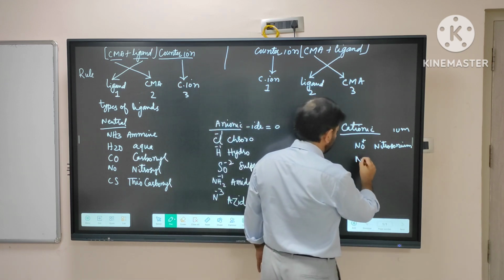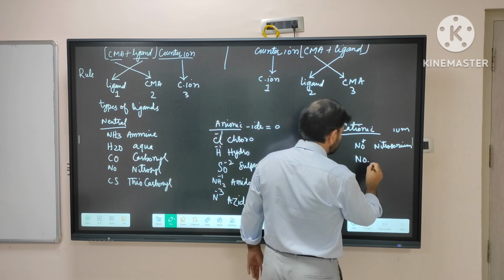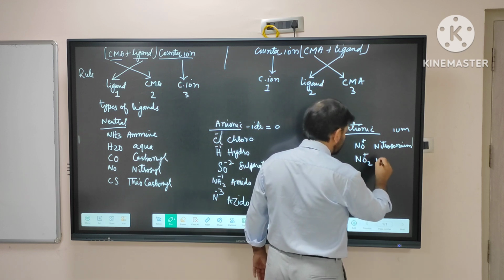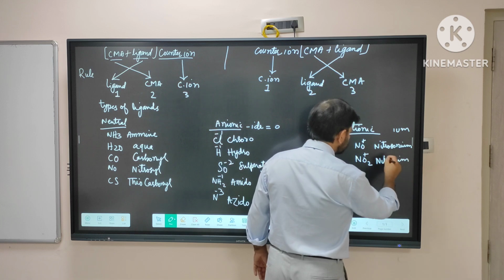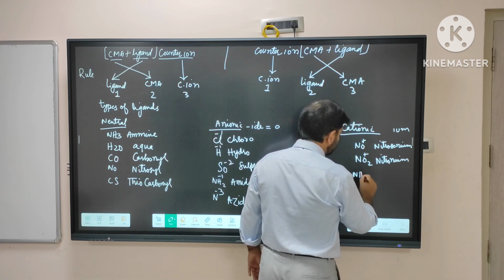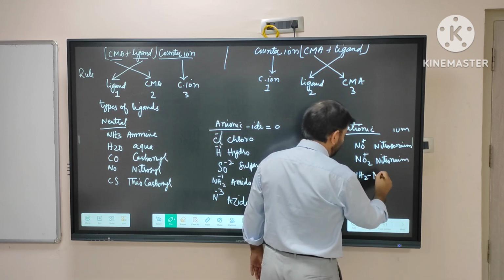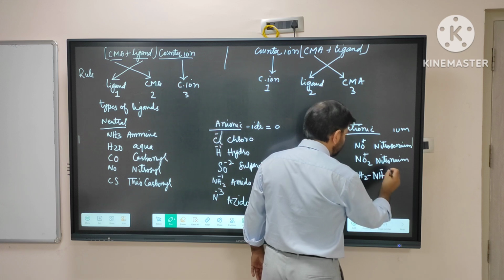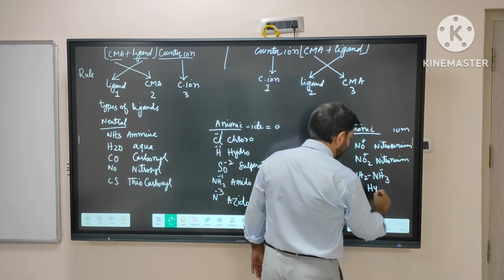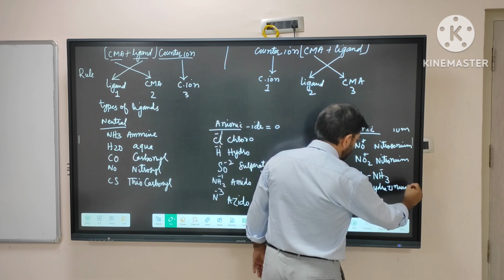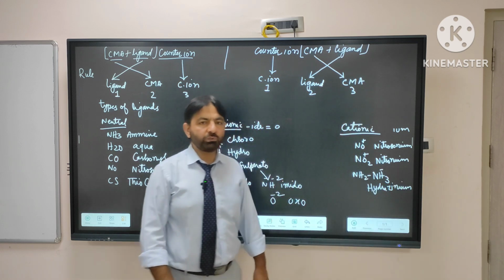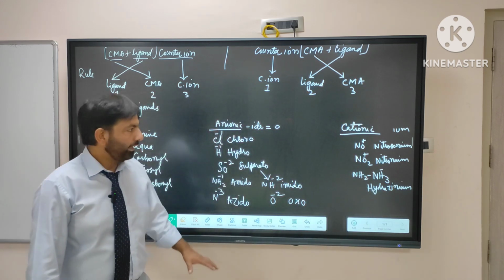Another one is NO2 plus, nitronium. So this is one more. NH2, NH3 minus, so it is called hydrazinium. So these are a few examples of cationic ions.